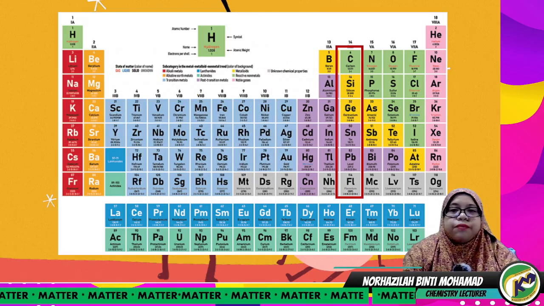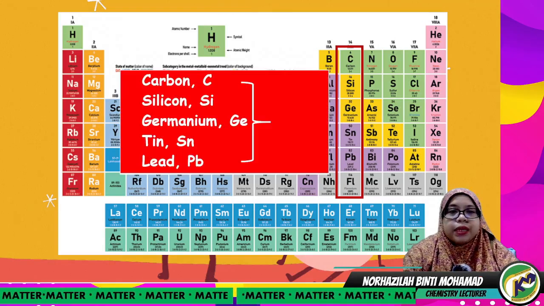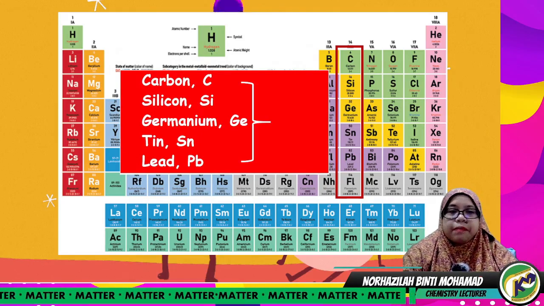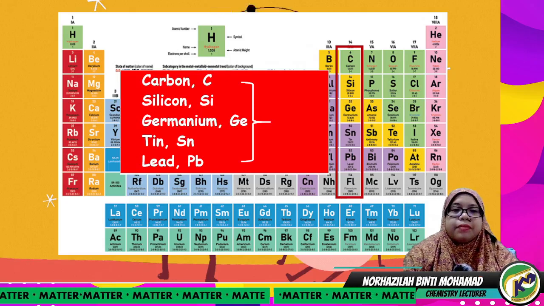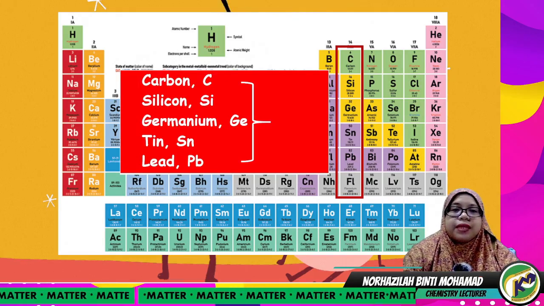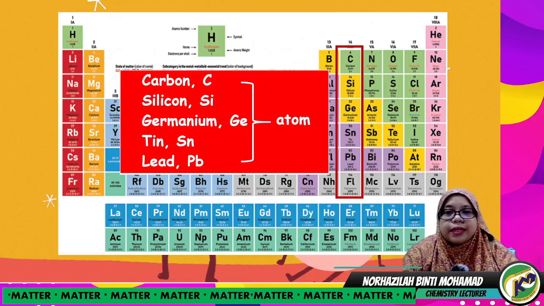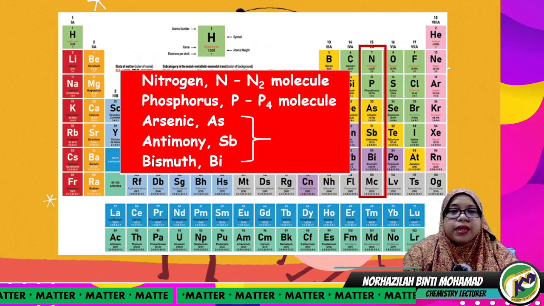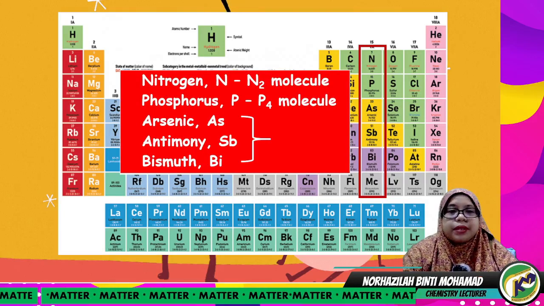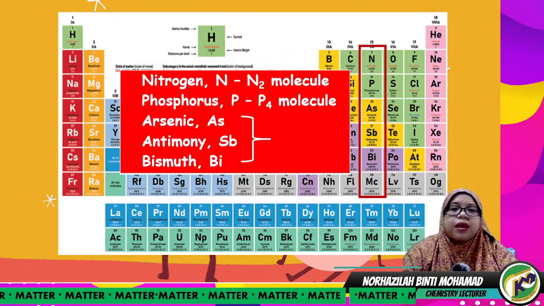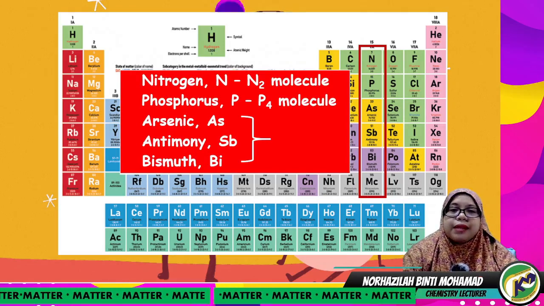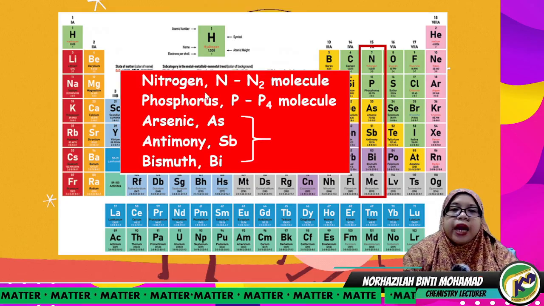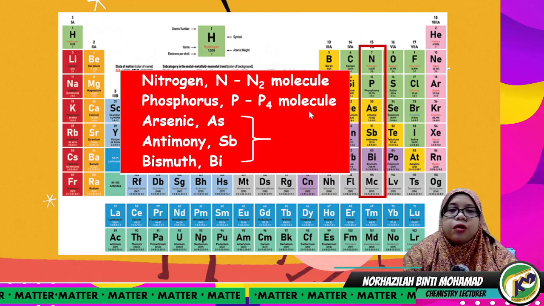And how about group 14? It consists of carbon, silicon, germanium, tin and lead. All of these elements exist as atoms. How about group 15? The elements in group 15 are nitrogen, phosphorus, arsenic, antimony and bismuth. Only nitrogen and phosphorus exist as molecules: nitrogen exists as N2 molecules and phosphorus as P4 molecules.